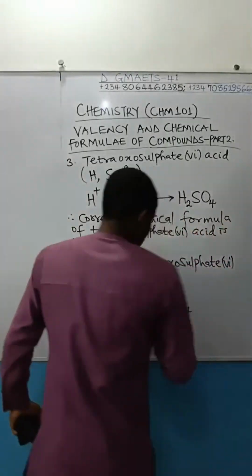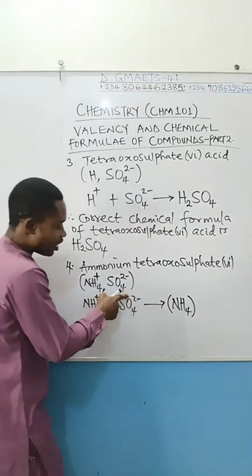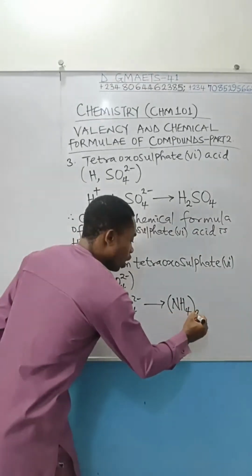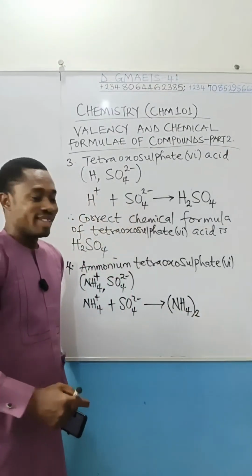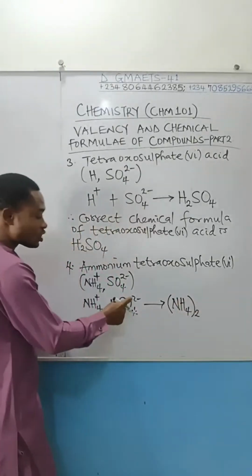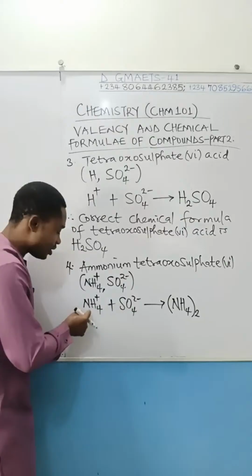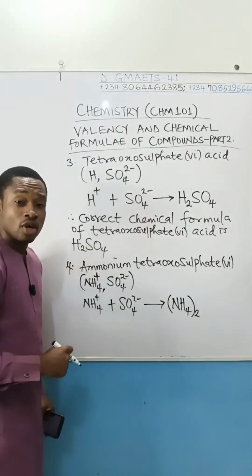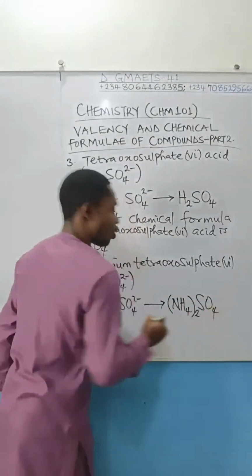Watch it. This NH4 is going to be enclosed in a bracket. It is receiving this valency of 2 from SO4. That valency of 2 becomes the atomicity of this ammonium. This NH4 must be in brackets because this 2 is affecting the 2 atoms of different elements in this ammonium. We shall now combine it with this negative ion, SO4.